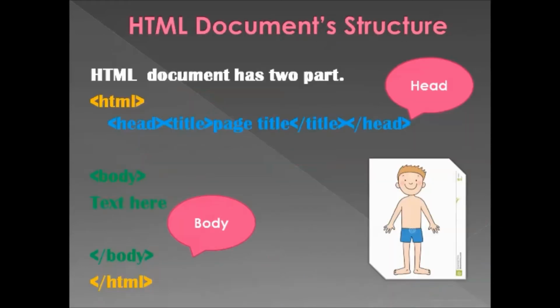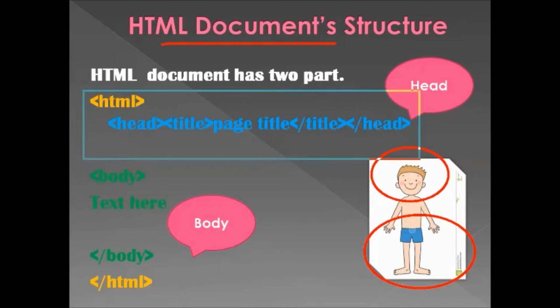Now let's jump to the next topic, which is the HTML document structure. Just look at this picture. This picture has two parts. The first one is the head, the second one is the body. Understood? In the same way, in the HTML language, we have two parts like this. This one is called the head part.